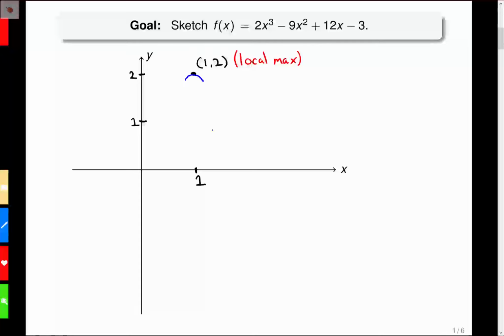Now, we're also going to show that the point 2, 1 is a local minimum. This means the point is lower than all the others around this area.